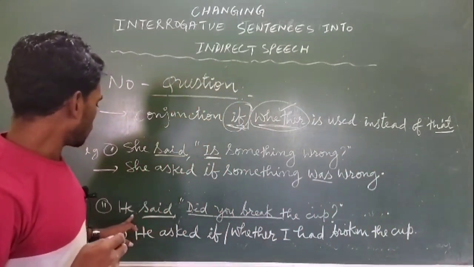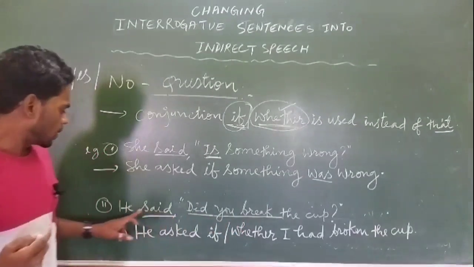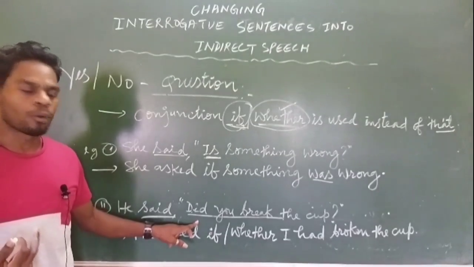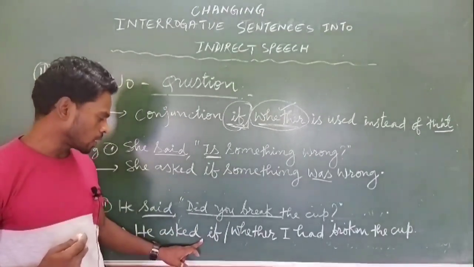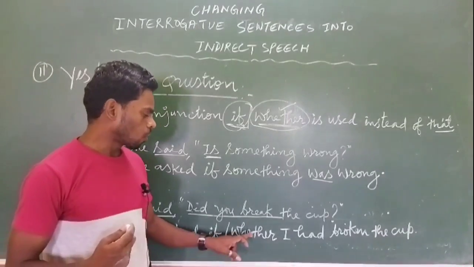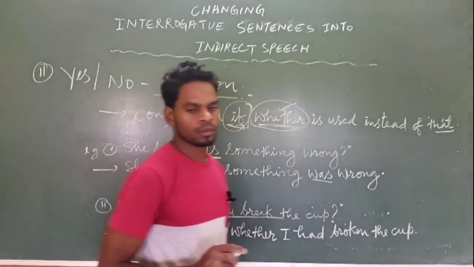Okay, so here he said, "Did you break the cup?" So he is asking me whether or if I had broken the cup. So here he asked me. If you write "me," then also correct. Otherwise, if you do not write, no problem. He asked if or whether I had broken the cup.